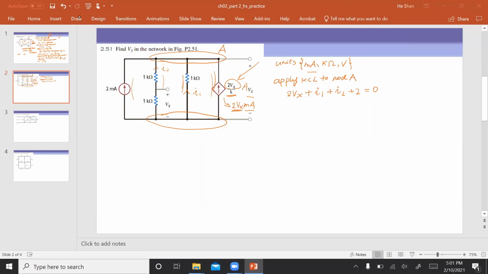But Vx over here is pretty straightforward. Vx is related to I2, because Vx defines the voltage on this 1K resistor, and this 2K. These two resistors are in series, right? So one is connected to the other, and there's nothing else in between. So we can use Ohm's law to find a relationship between Vx and I2.